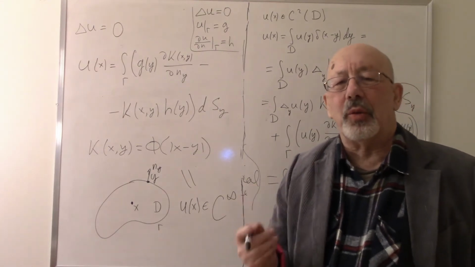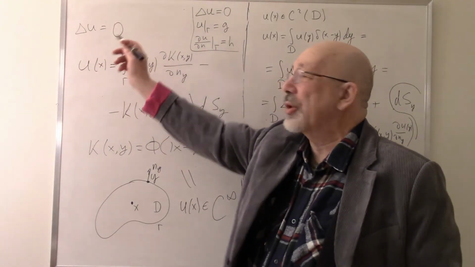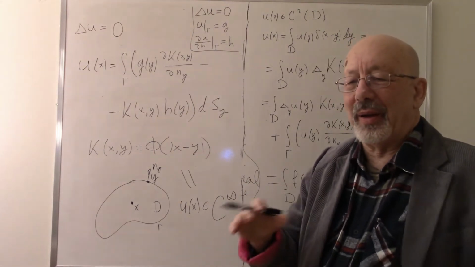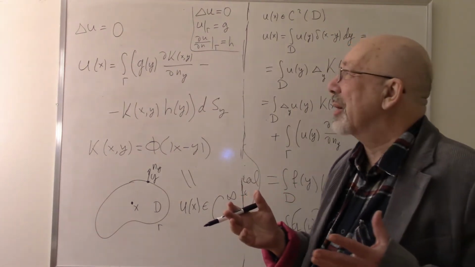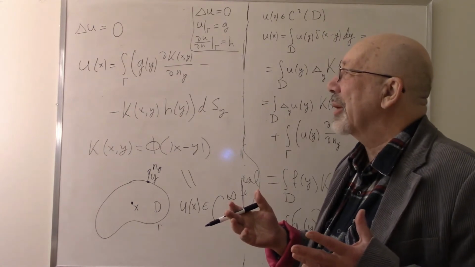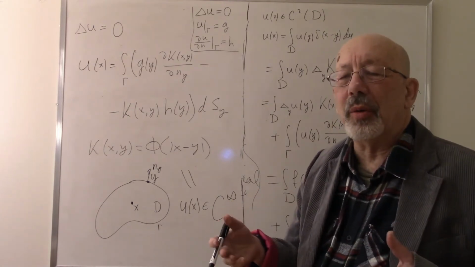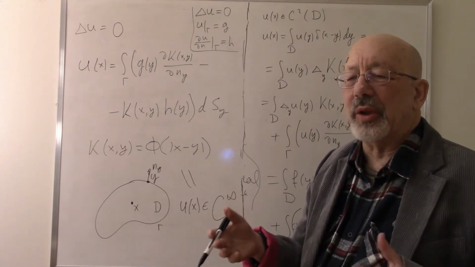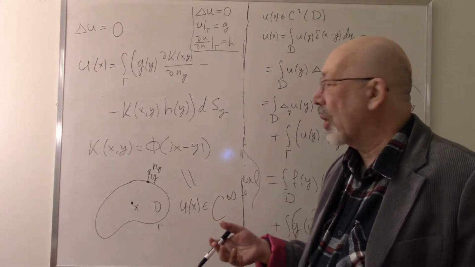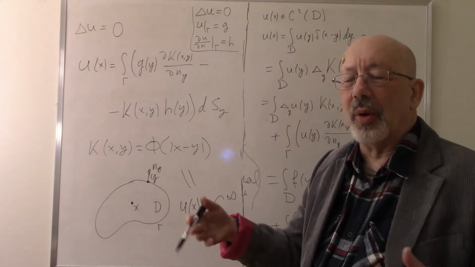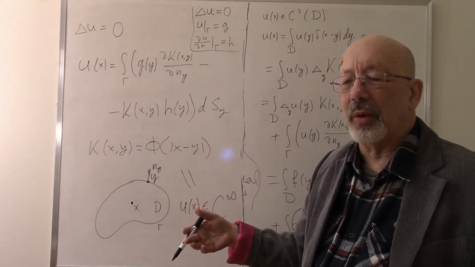Any solution of the Laplace equation, if it has at least some reasonable regularity, say C2 regularity, meaning just two derivatives, automatically has all continuous derivatives of all orders.